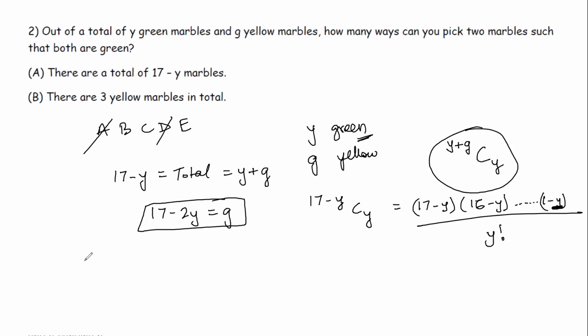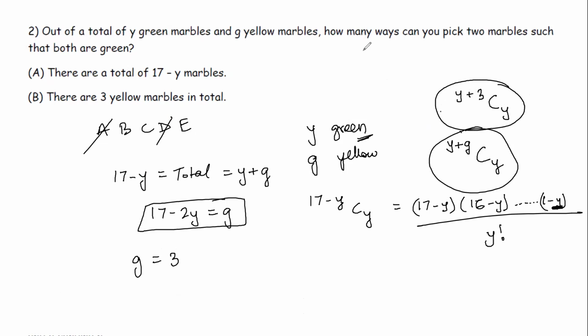Statement B, there are 3 yellow marbles in total. So yellow marbles in total are 3. Now remember we are using this. So Y plus 3, and Y. Are we getting anywhere? Let me check.